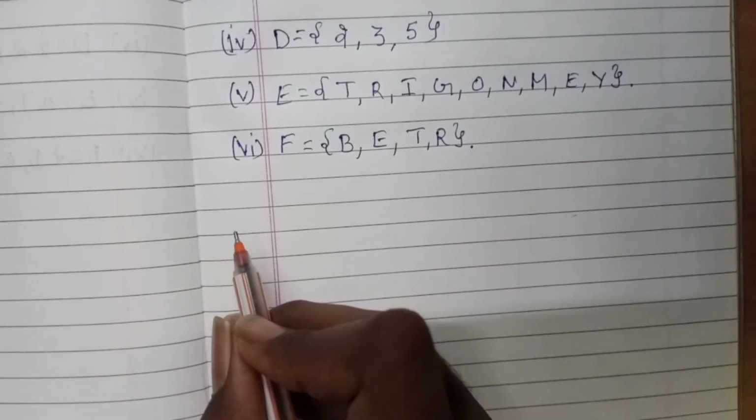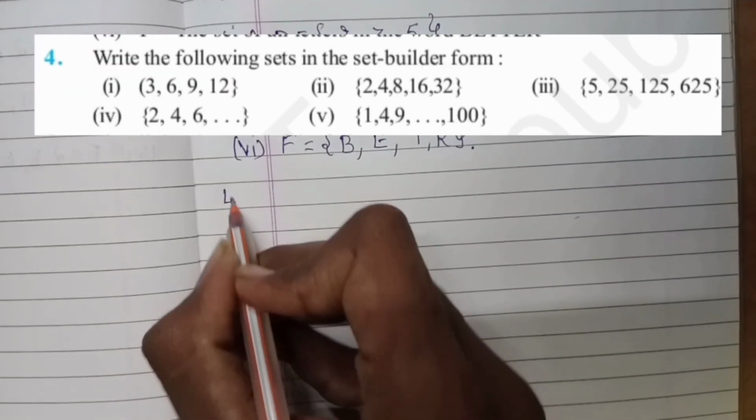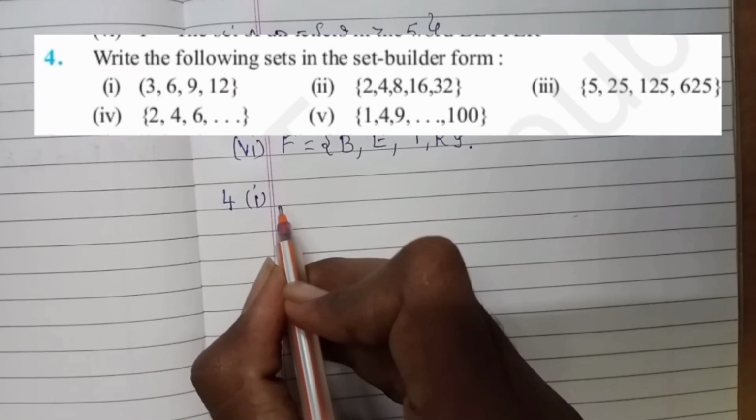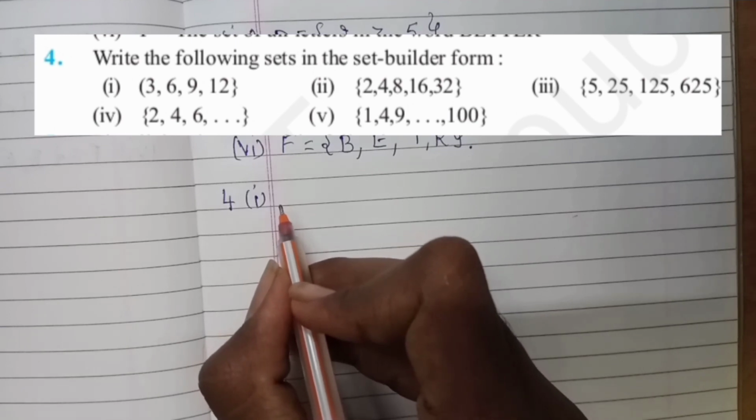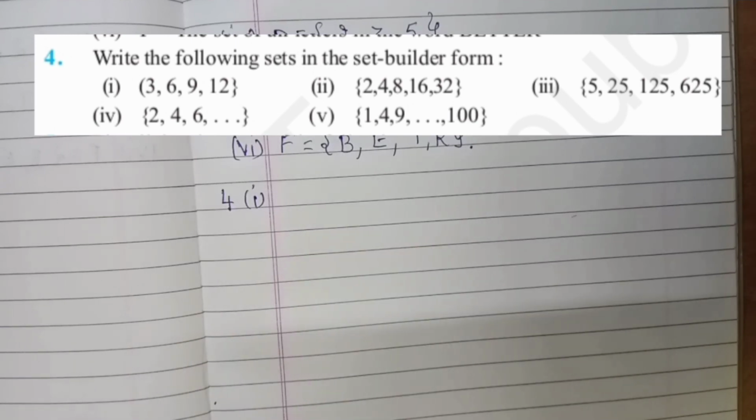Okay, we'll proceed. The first sub question, 3, 6, 9, 12. The first point you should keep in mind is that after reading the question, we can easily say that these are natural numbers.